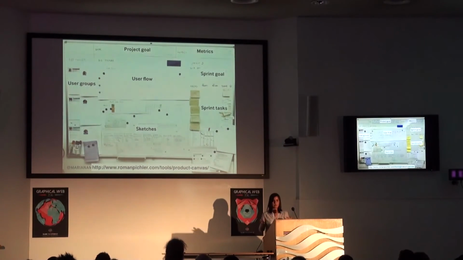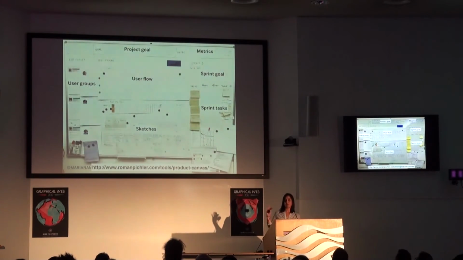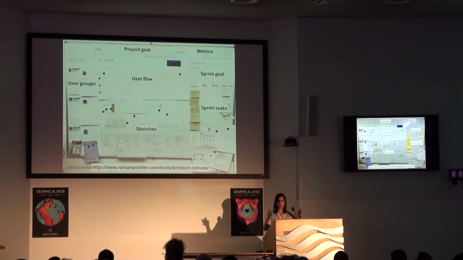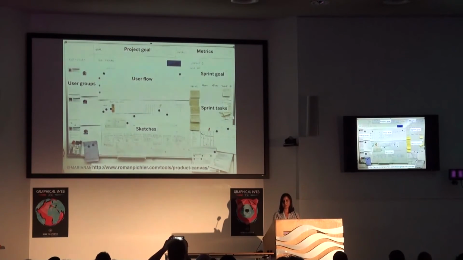And we love whiteboards. Who doesn't? What I use is the product canvas, which was created by Roman Pichler. It's just a way of dividing the whiteboard so it integrates UX in the development process. So at the top you have the project goal, so everyone's looking towards the same goal. We have the metrics, how do we know we succeeded?